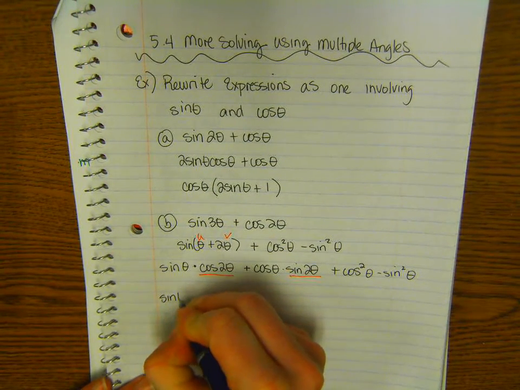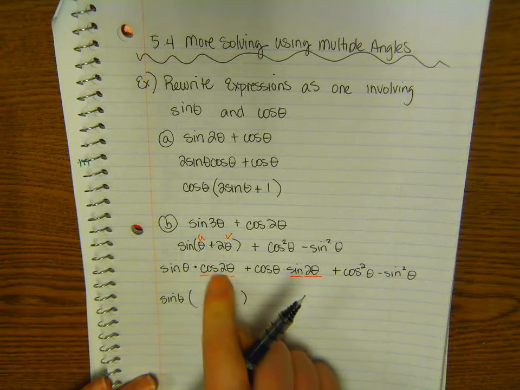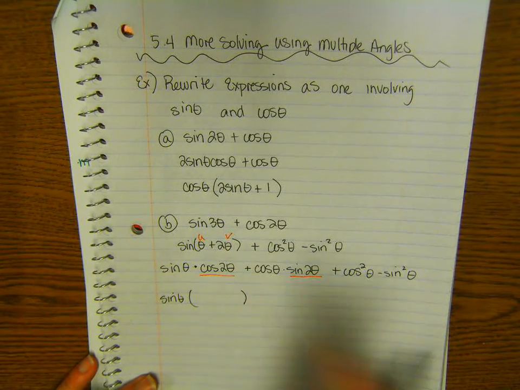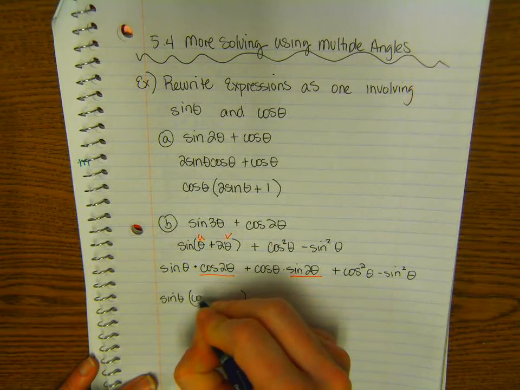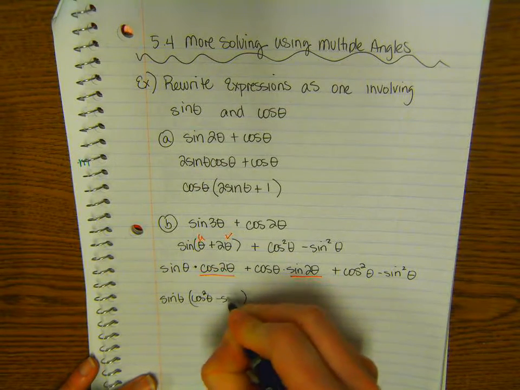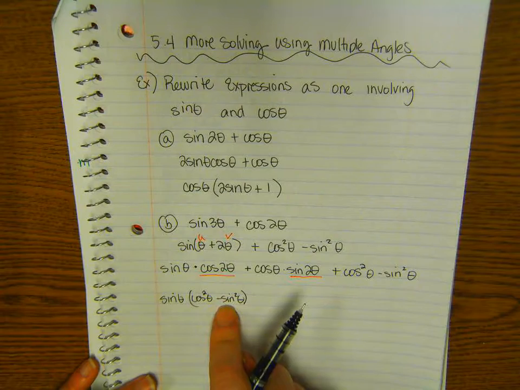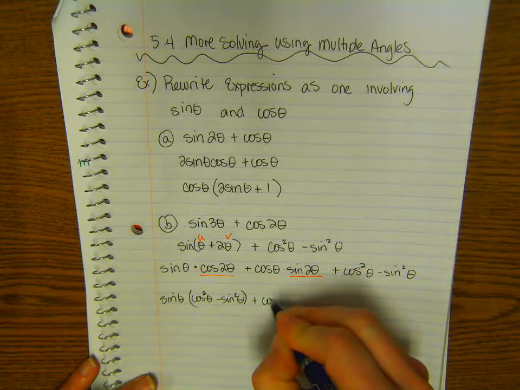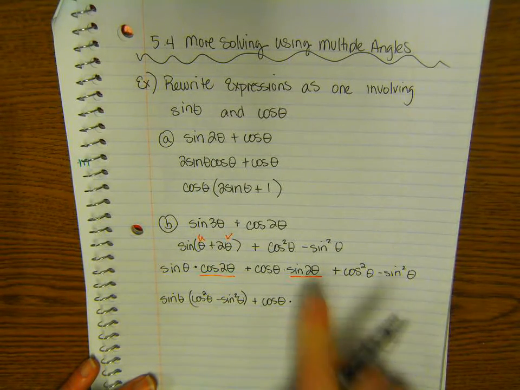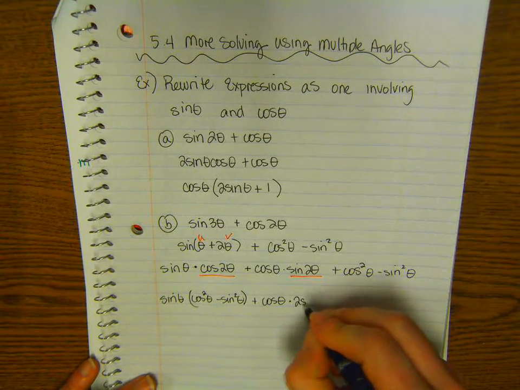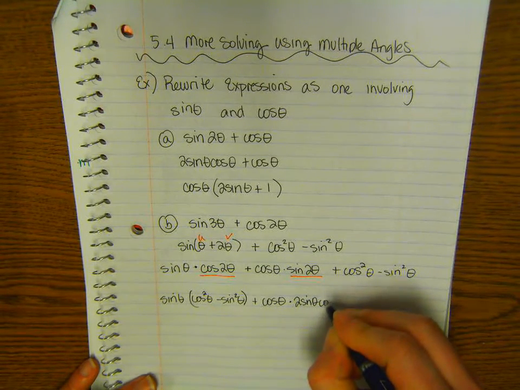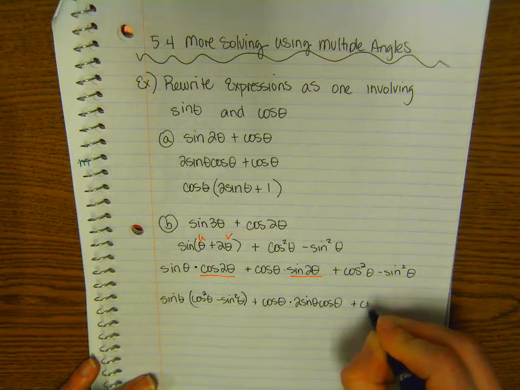So once again, I could choose, but I could do like the cosine squared theta minus sine squared theta. Now I've gotten rid of the 2 theta in there. And then this one would be 2 sine theta cosine theta, right? Okay.